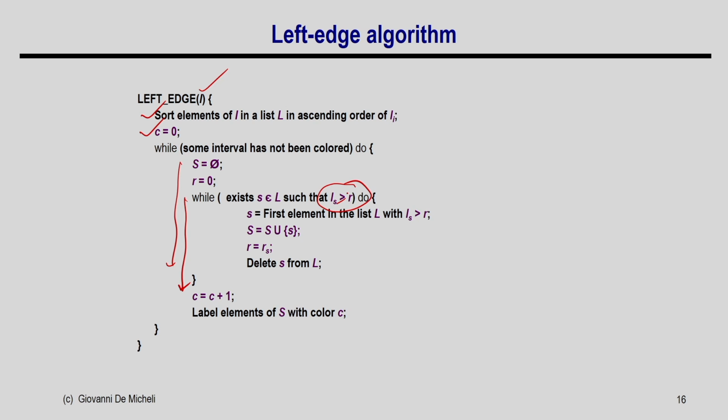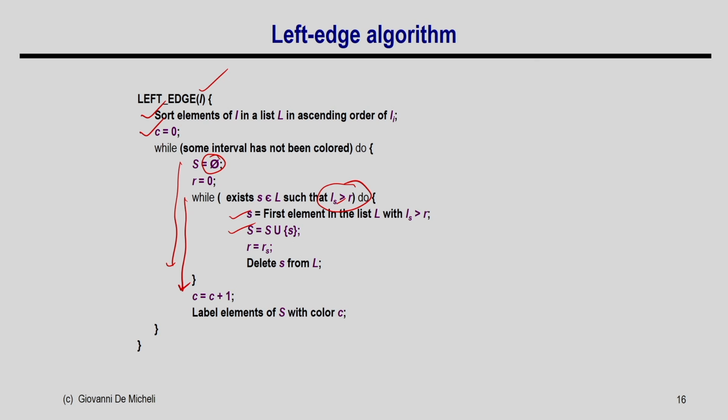So, I am going to select the next one whenever the left edge of that is greater than or equal to R, the right edge of the previously selected one. Okay. So, once I find something, I will find that particular node and then I will put it into the list. All the nodes put into S can be given the same color; initially S contains phi, so there is no element there.